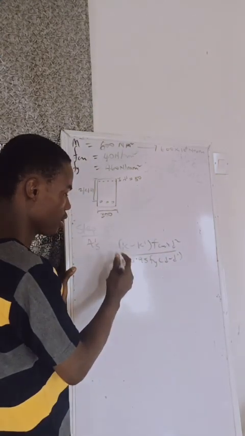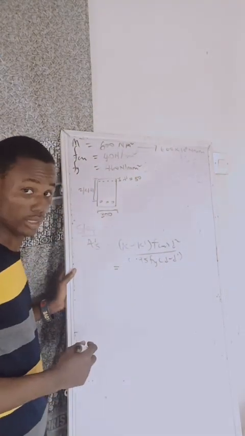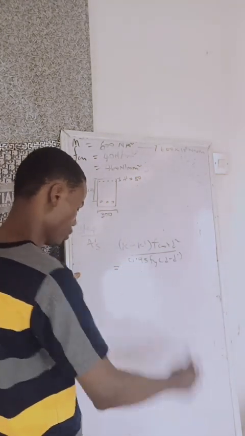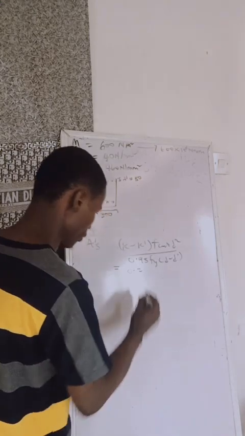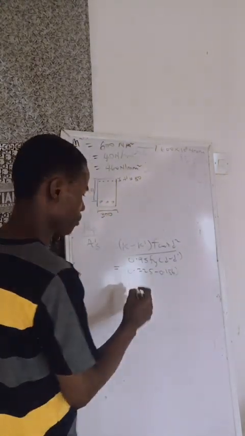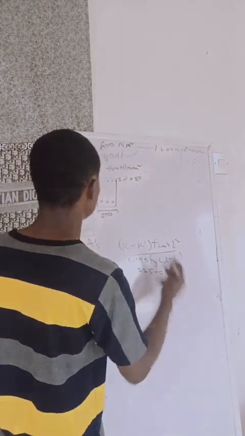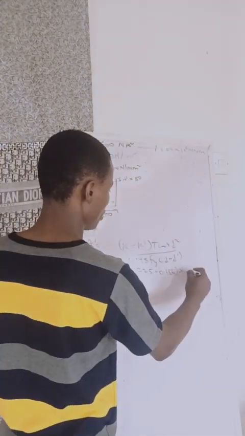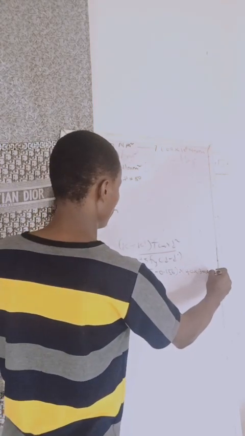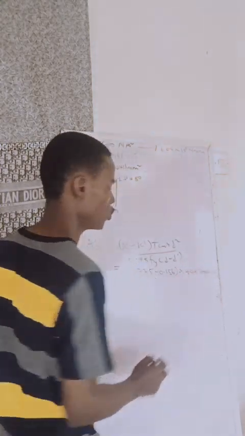So by the time we solve, our K is the answer we get earlier, which is 0.25 minus 0.156, which is our K prime, multiplied by our fcu, which is 40, and our b is 300, multiplied by 444 square. Always put the square.